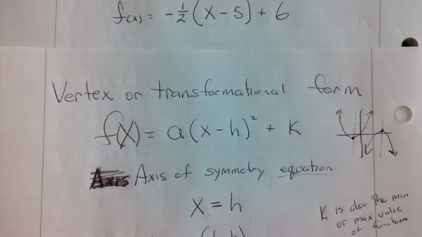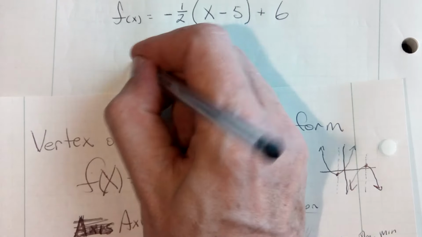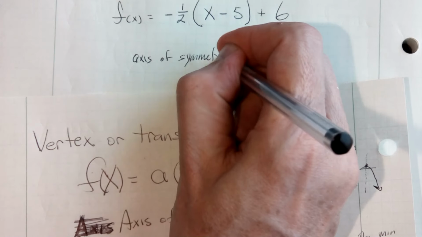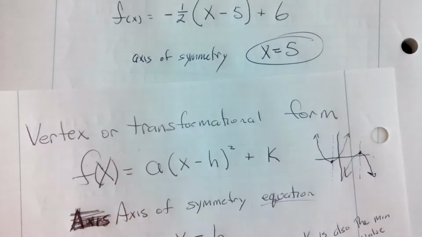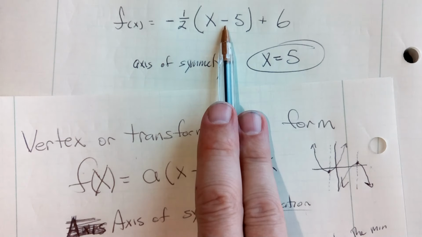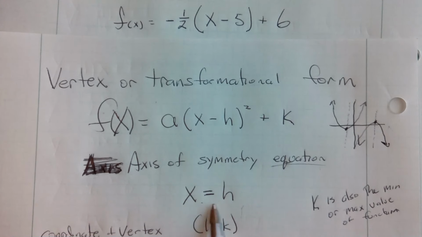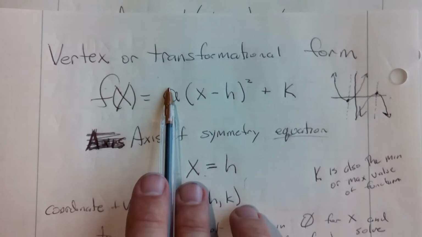And if they ask for the equation for the axis of symmetry, it's a vertical line with an x value of 5. So the axis of symmetry would be x equals 5 for this particular parabola. We write the axis of symmetry as an equation, a vertical line, x equals whatever that h value is, if it's written in this transformational form.